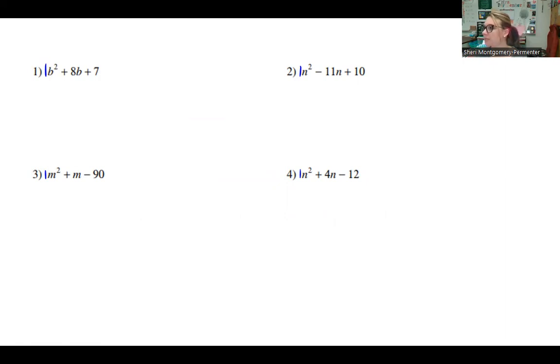So when you have a leading coefficient of 1, you have to make a list of factors for the last number. When we look at the first problem, I'm kind of doing it off to the side. The last number is 7. If we made a list of factors, I just start with 1. 1 and 7.